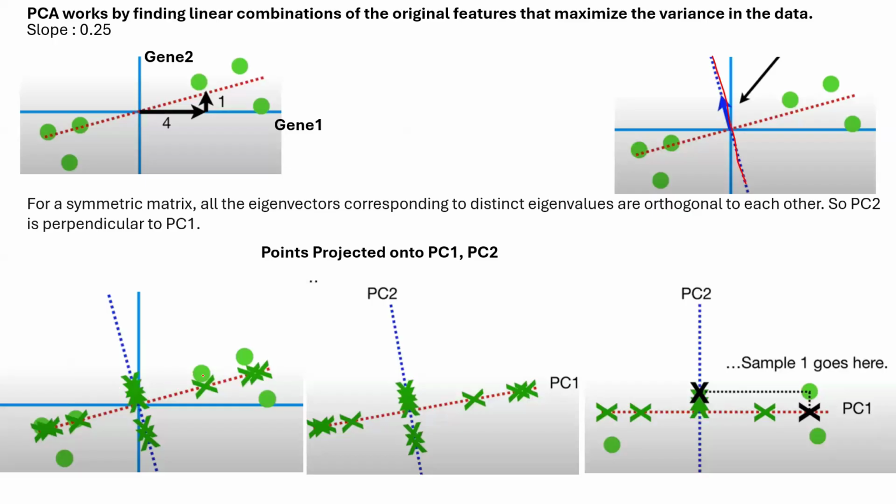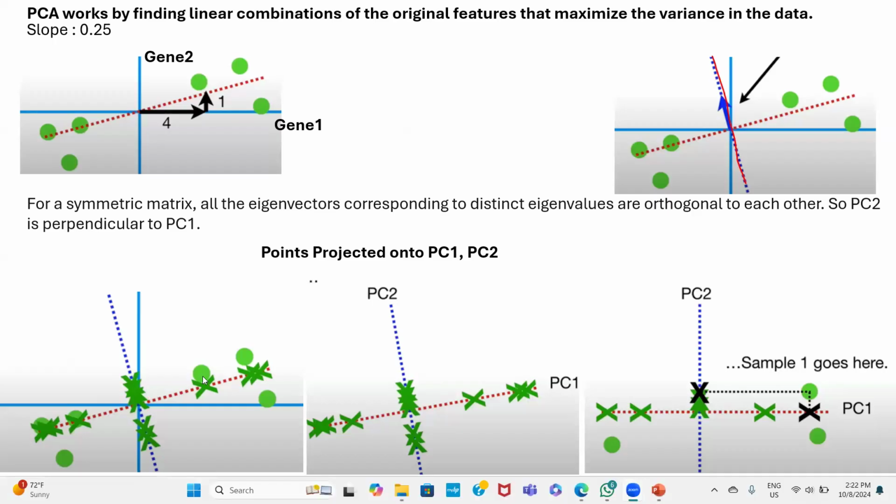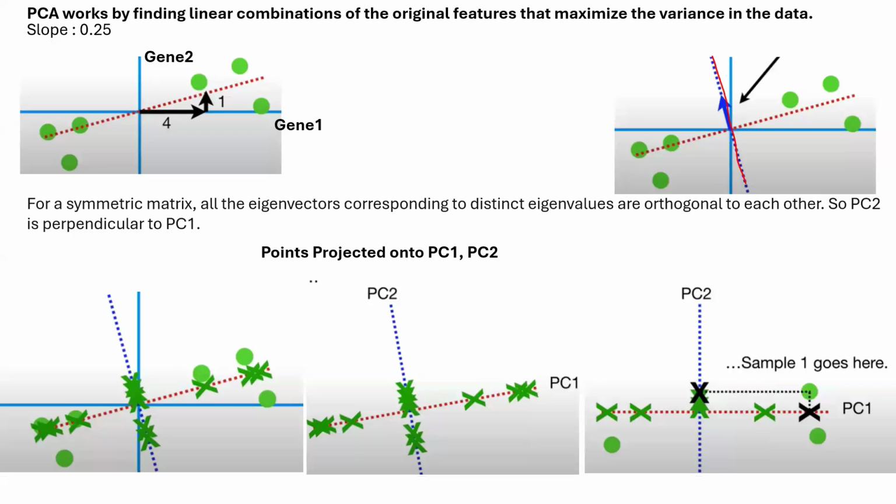If I have this particular point, just give me 1 second. Now what I'm trying to do is project all these points onto both the axes. Whatever points I have, I'll project them. Projection is just like dropping the points onto those axes. That's what I'm trying to do.